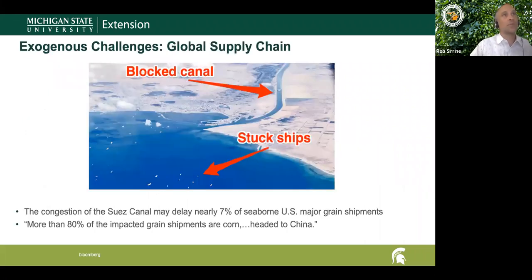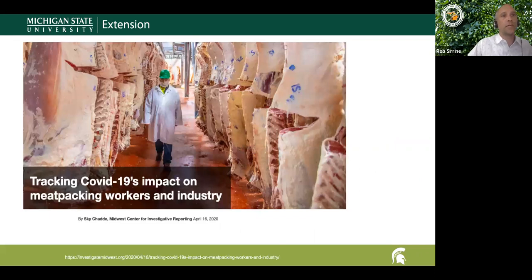Another thing that just happened: this global supply chain is efficient, but when things break down, bad things can happen. There were 400 ships stuck just waiting to get into the Suez Canal right there. And then you have a major impact like COVID, which no one really expected.